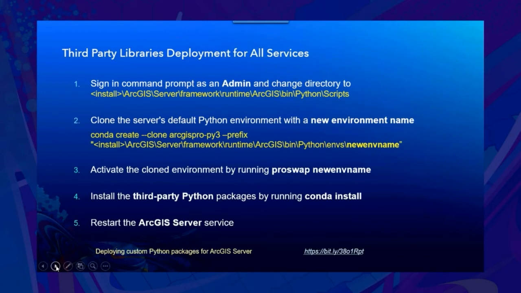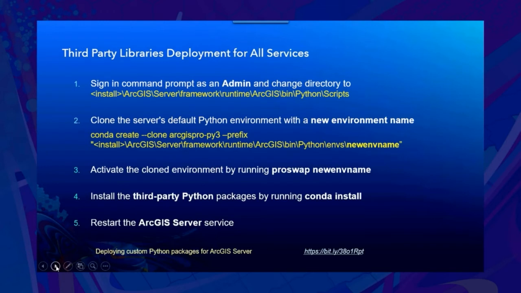First, you need to sign in to the command prompt as an administrator and change the directories to the ArcGIS Server framework runtime and then the Python script folder. Now in that folder, you need to clone the default Python environment with a new environment name.